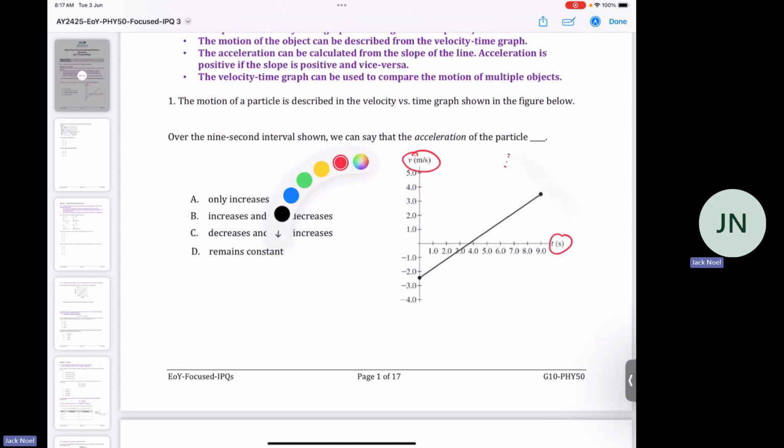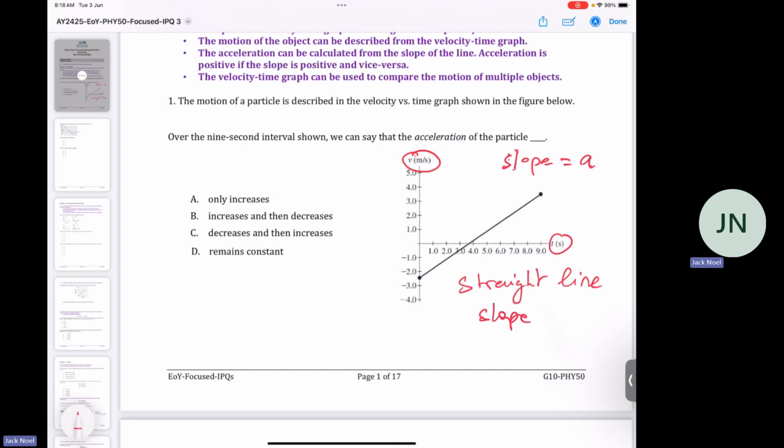And the slope in a velocity versus time graph is equal to the acceleration. But here we have a straight line, and a straight line means that the slope is equal to a constant.